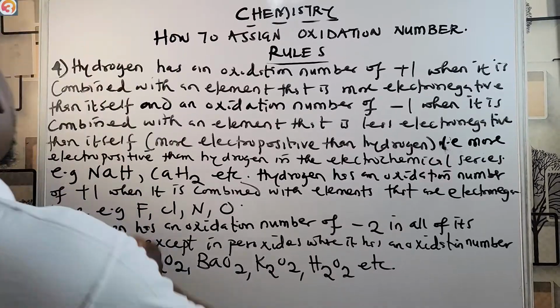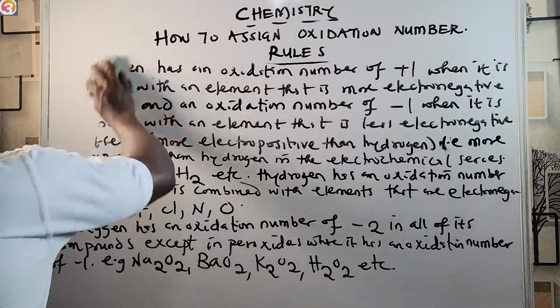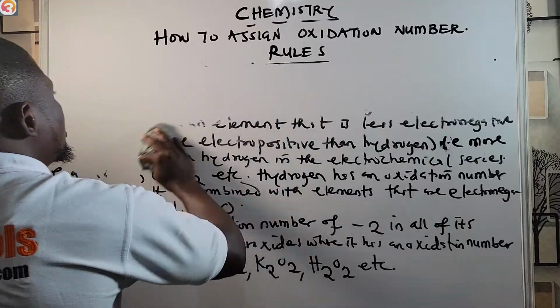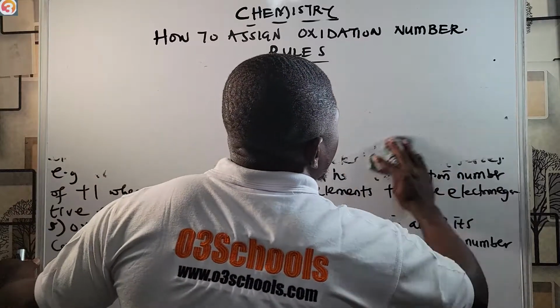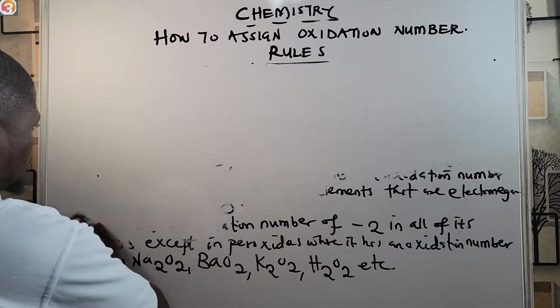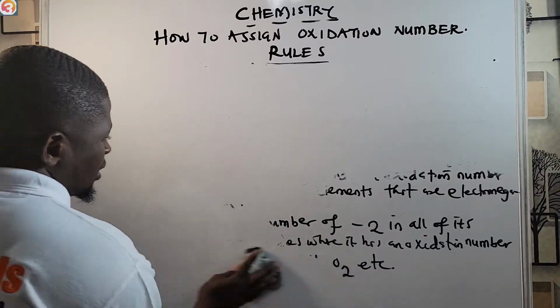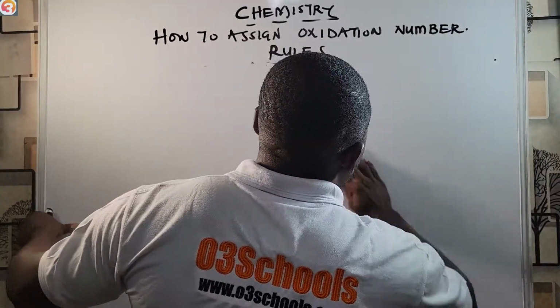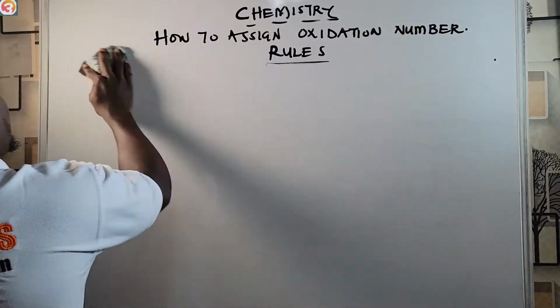So now let's look at the halogens. That will be the last rule we are considering. The halogens have an oxidation number of minus 1 in most of their compounds. But in interhalogen compounds, they may have oxidation numbers ranging from minus 1 to plus 7.